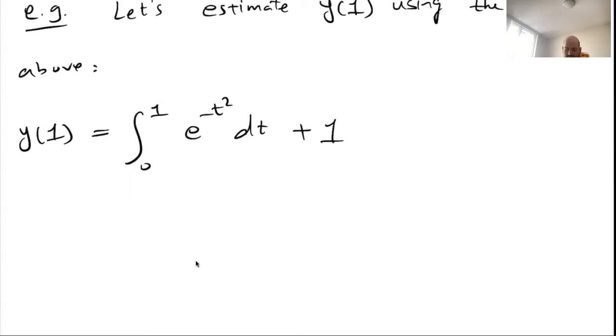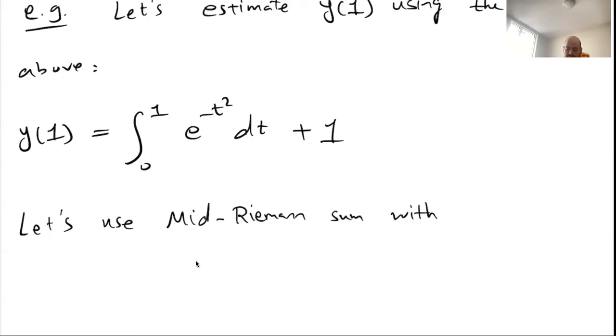So let's use mid Riemann sum with n equals 4. Remember that for any type of Riemann sum, whether left or right or mid, you also need to fix a value of n, which is the number of subintervals, and then try to find the Riemann sum.